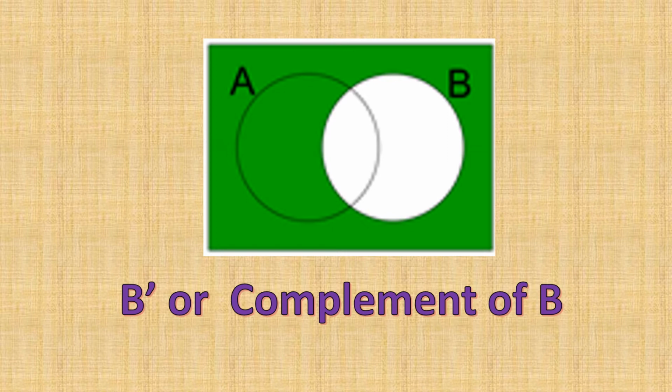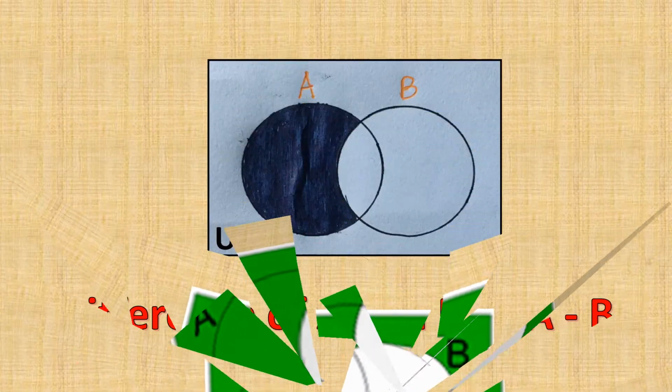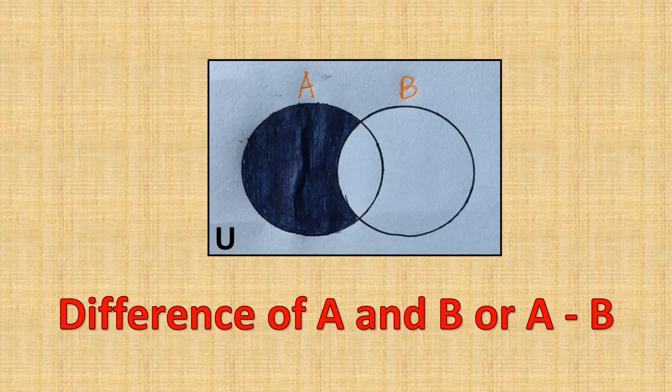Elements of U that do not belong to B. This is B prime or complement of B. Number 7. Elements which belong to set A but which do not belong to set B. This is the difference of A and B, or A minus B.